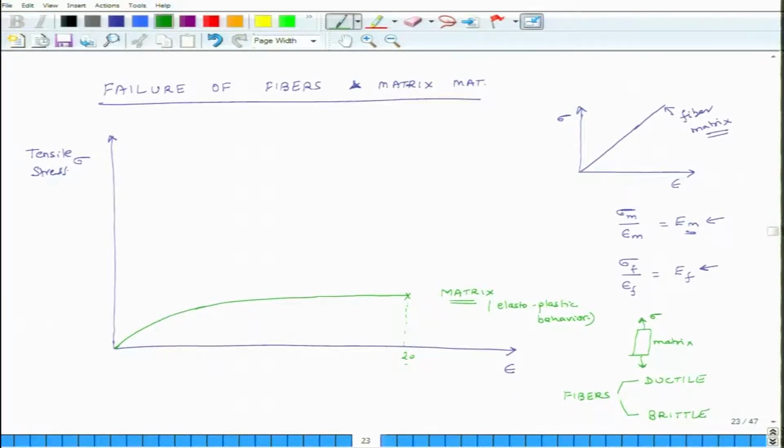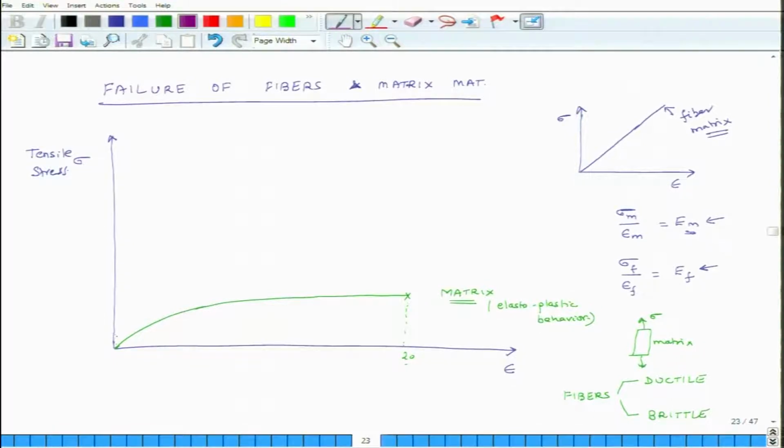You pull it, it keeps on getting stretched, and this stress strain relation as it keeps on getting stretched is elastic, and all of a sudden at a certain strain level it cracks and it fails. So, a brittle fiber would behave something like this.